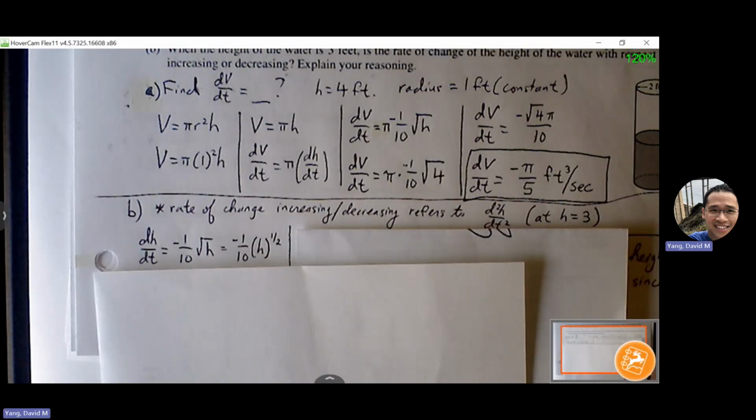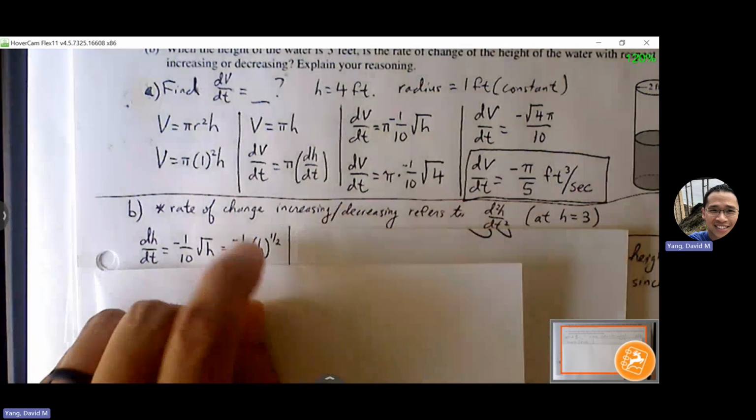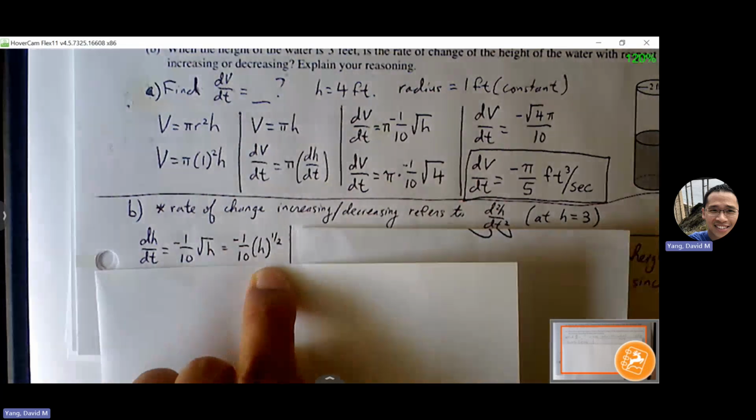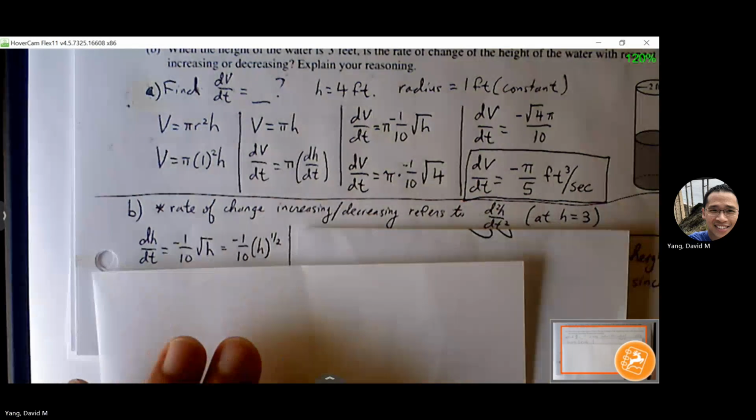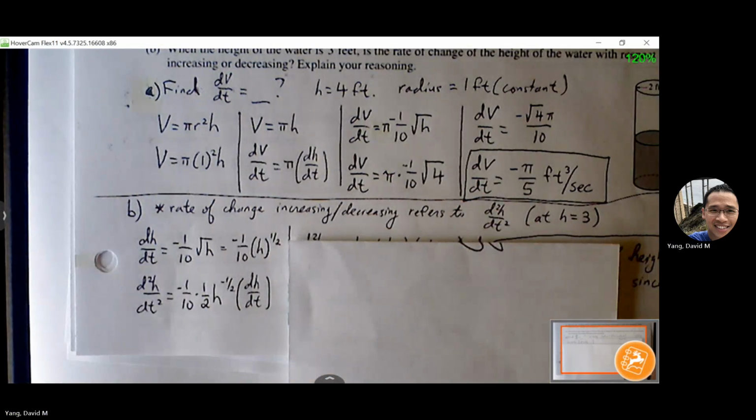To make it a little easier to go through the power rule, I'll write it as h to the 1/2. So dh/dt will become d2h over dt2, and then we just have to find the derivative here. Remember, we're still under related rates, so we'll find the derivative here and then attach a dh/dt.